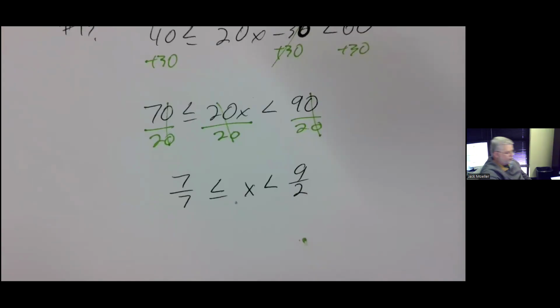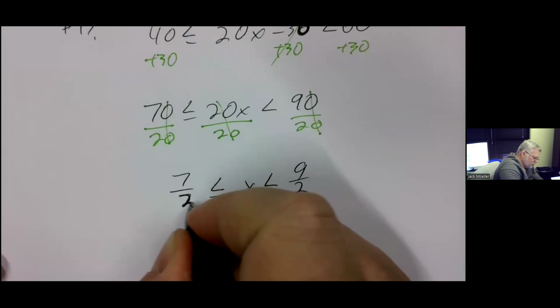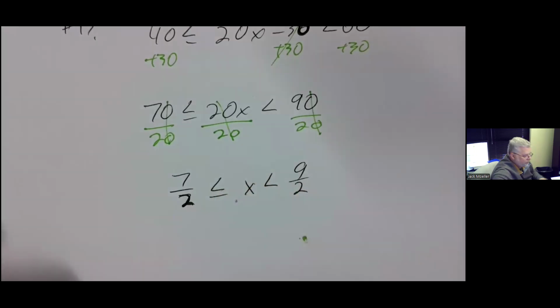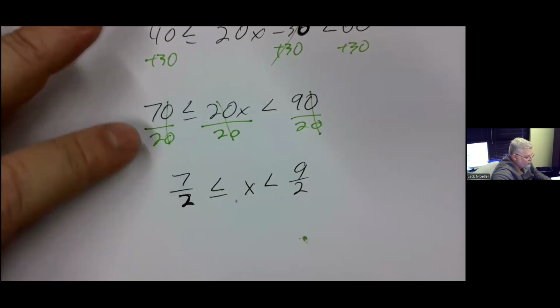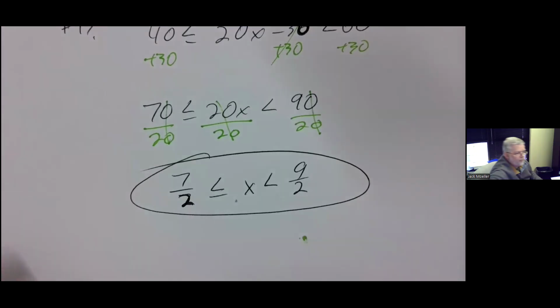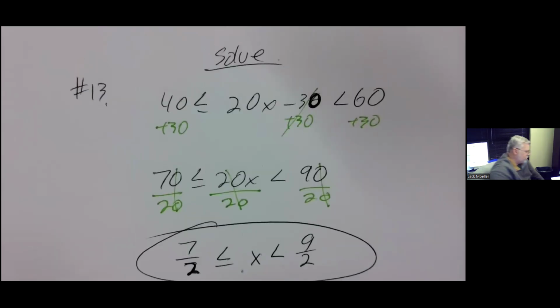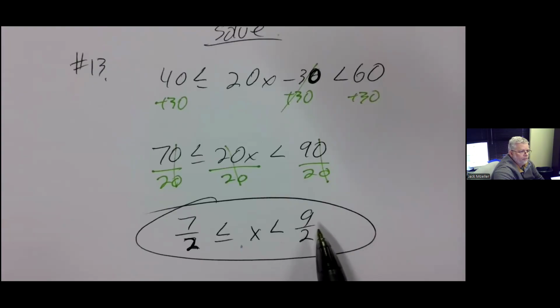The only reason you'd go to decimals is if it mentions decimals. So 7/2, and don't go to mixed numbers because it's simplified, because there's nothing to divide 7 and 2. There's nothing to divide 9 and 2. So those are simplified fractions. So that's just like we did before, except we just happen to get a fraction as an answer instead of a whole number. Okay.